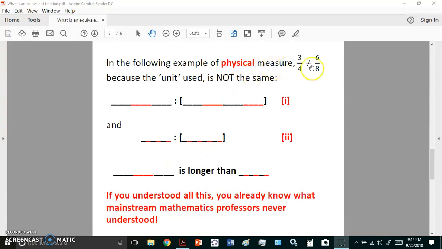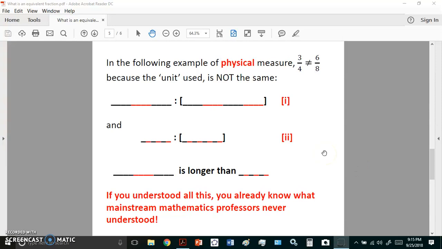So again, looking at the example on the previous page, this unit here is longer than this one, right? This is longer than this one. So if you understood all this, you already know what mainstream mathematics professors never understood. And in many instances, you're a lot smarter than them.